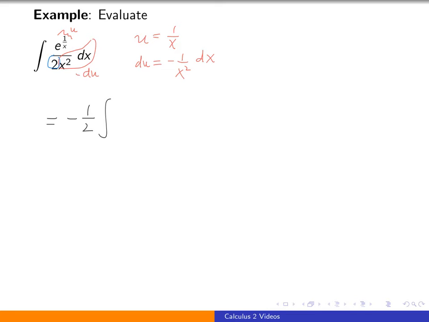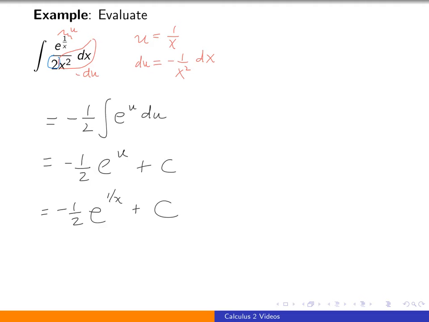Then we would have just an e to the u du left over. So by doing this substitution, u equals 1 over x, all of a sudden this turns into a very reasonable antiderivative. The antiderivative of e to the u is simply e to the u, and then we need to resubstitute. So minus 1/2 e to the 1 over x plus c.